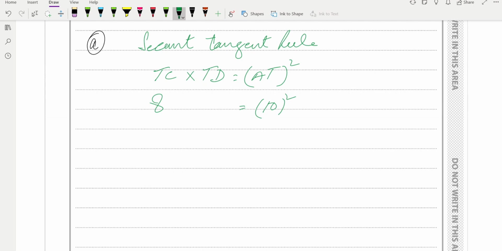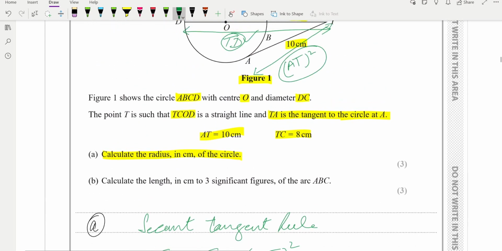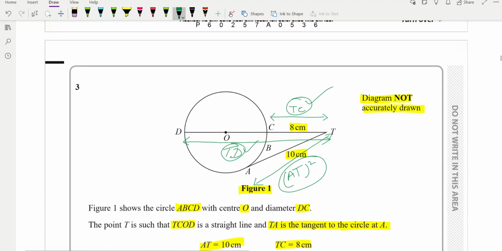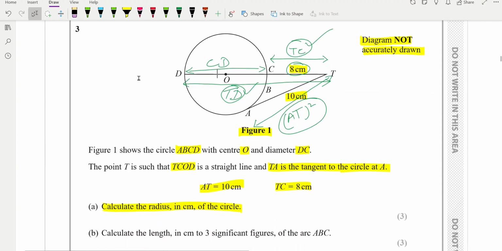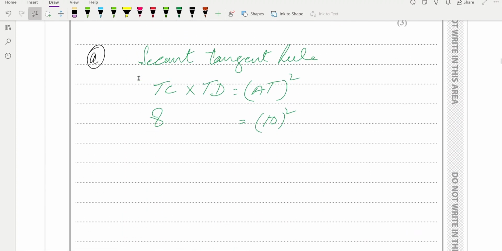And now TD is what? TD is 8 plus this CD. So I will write 8 plus CD as TD, so 8 will be multiplied by 8 plus CD.